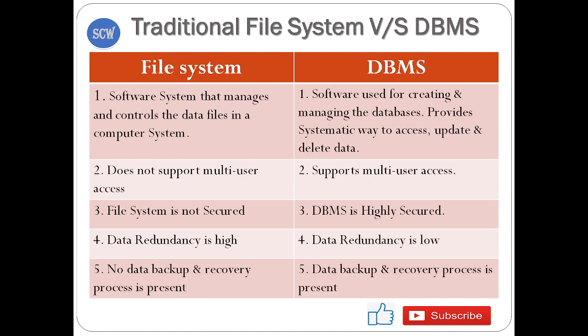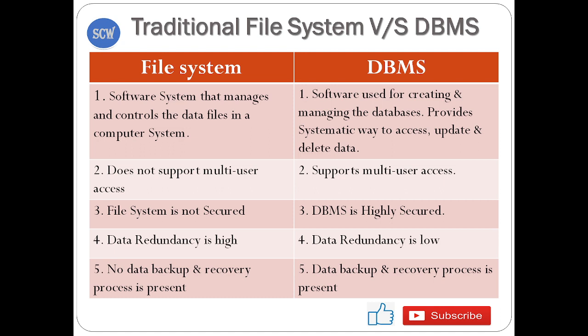In that folder, he was creating subfolders for each student. That means one student's records are stored in one subfolder and another student's records are stored in another subfolder, and so on. And he was the only authorized person of that computer. Means no other unauthorized persons can access the data. This is the drawback of the file system.